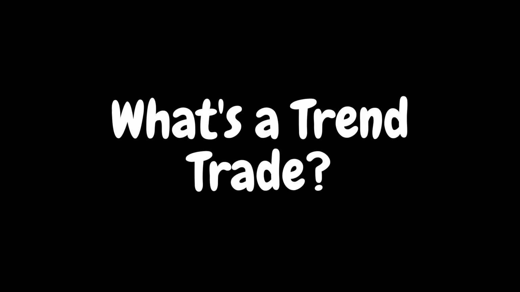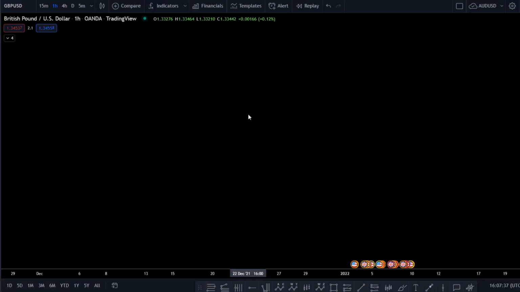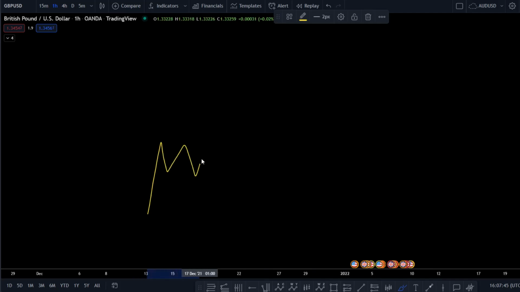Okay, now let's take a look at what a trend trade is and the different categories of a trend trade. So this is how I have categorized it, at least. When I look at a trend trade, obviously market has to be in a trend, as we just underlined, and as you understand now, this is a trend.